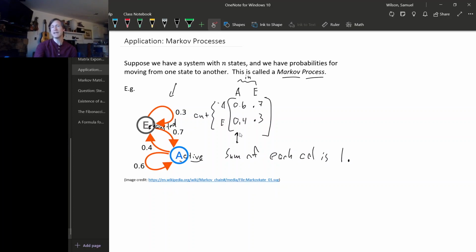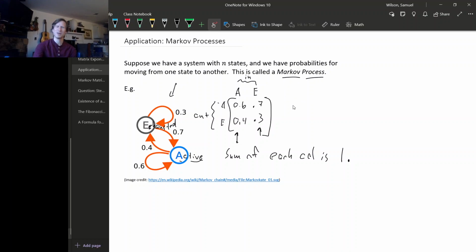And that has to be the case because remember, down each column are the probabilities of different outcomes given that you started in the state for that column, so state A here. Well, if you start in state A, something is bound to happen, and so all of these probabilities need to add up to 1, right? Because the probability of something happening is a certainty, and that's a probability of 1. So each column needs to add up to 1 for a matrix to make sense as a Markov process.